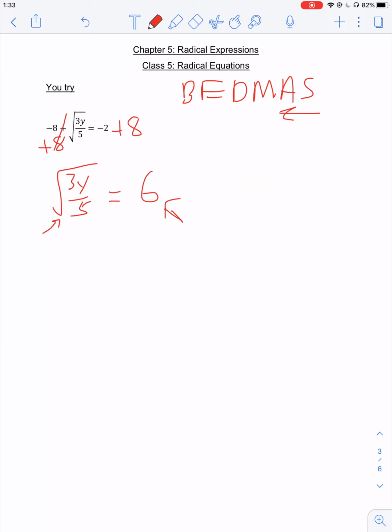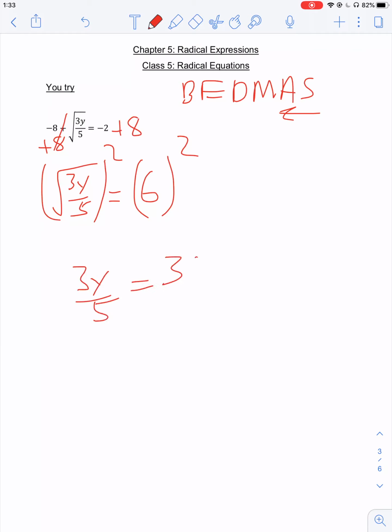Okay, so I will square my left-hand side, square the right-hand side. So that gives me 3y over 5 is equal to 36. And then I'm going to get rid of the 5, so times 5. Times 5.